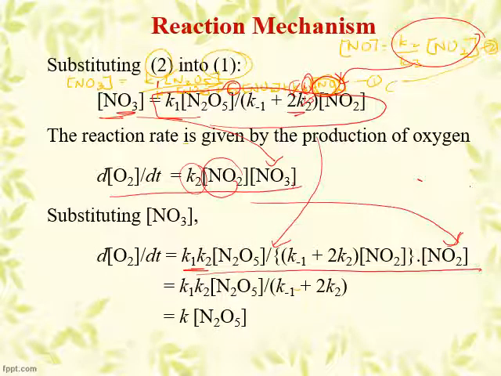We get k1 k2 [N2O5] divided by k-1 plus 2k2.